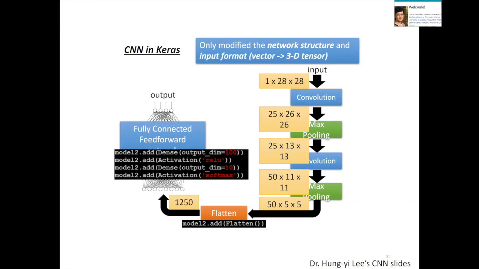In this case, it projects it into 100 first, and then from 100 projects into 10, and then predicts, because this is handwritten digit classification. So the number of classes is 10. That's the reason why there is a 10 here.